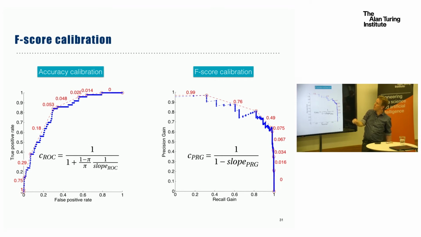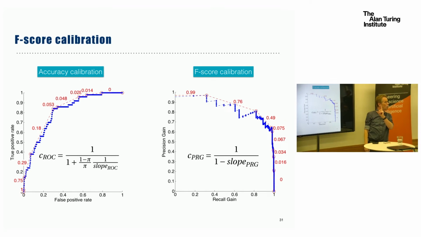So these numbers tell me, without any more work, that if I'm interested in F1, so equal weight of precision and recall, then these two points will give me almost the same performance. Strictly speaking, this one should be chosen because this slope is slightly below 1/2, but I can just see from this curve and these numbers that this is the optimal point for F1, and this point is only very slightly worse. And that's not something that other methods will give you.